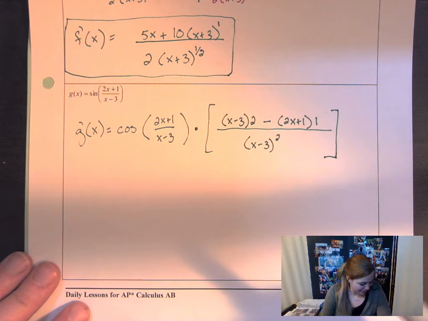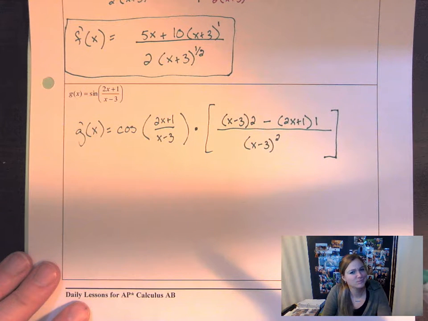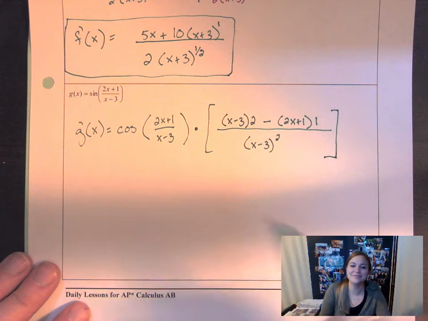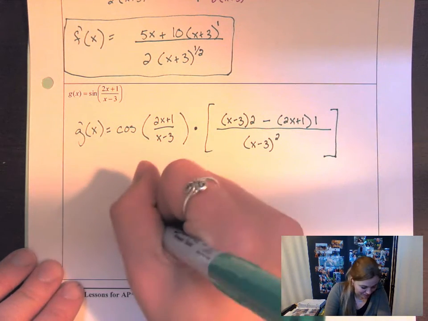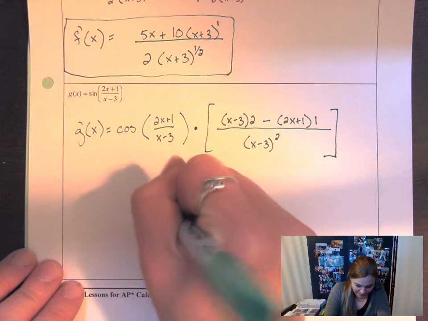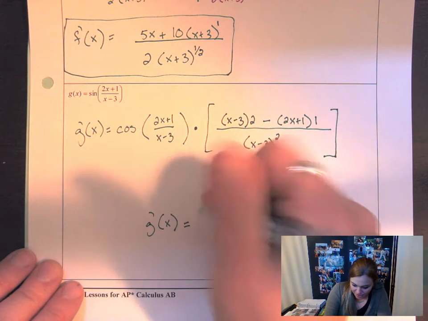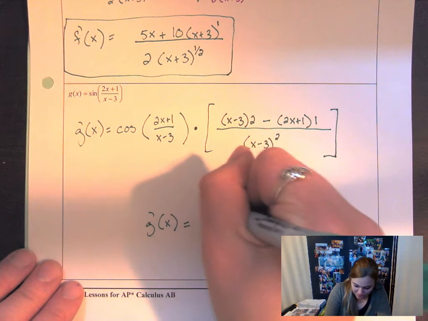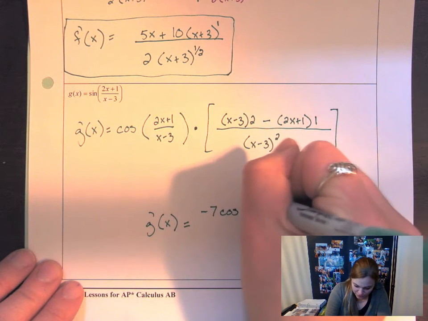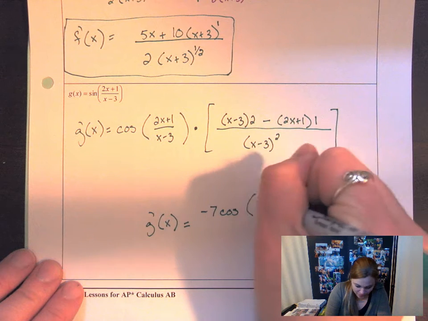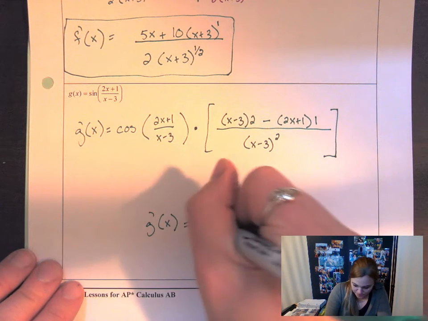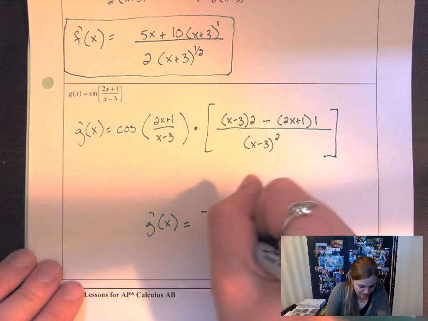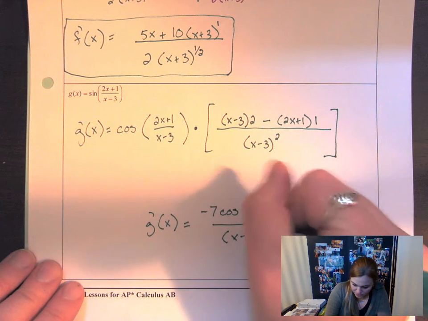And if we wanted to simplify this, we could. Do we want to? Nah, we don't have to. If you wanted to do this and put it all together, I will put this at the end, that g prime of x is negative 7 cosine 2x plus 1 over x minus 3 squared.